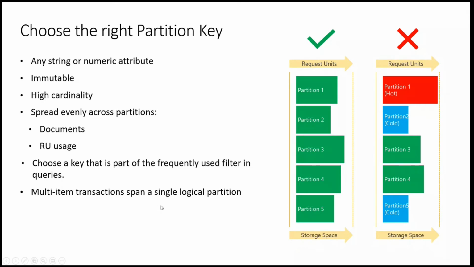The key to pick the right partition key is maybe list down all your queries, see which are the frequently used filters, what are you most often reading, and so on. And also you need to keep in mind that multi-item transactions span a single logical partition. So if you are using multi-item ACID transactions in your database, then you need to keep in mind that it needs to be limited to a single partition. So those are a few key points about partition key.